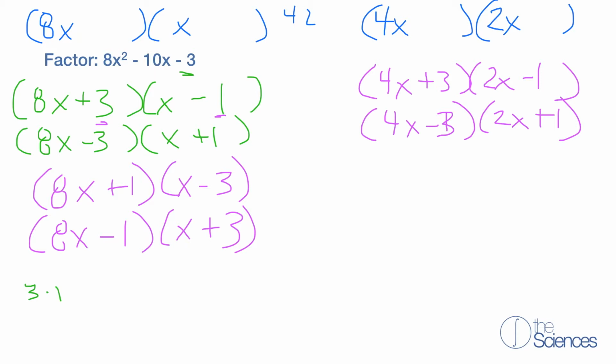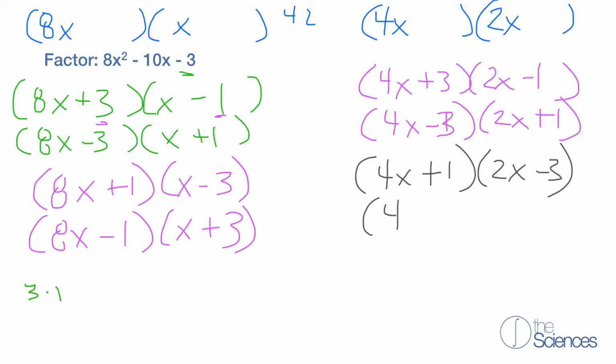So we're going to do the same for our other factor, 4x plus 1, 2x minus 3. Here we're going to have 4x minus 1 times 2x plus 3. Notice that our last terms equal our last term.